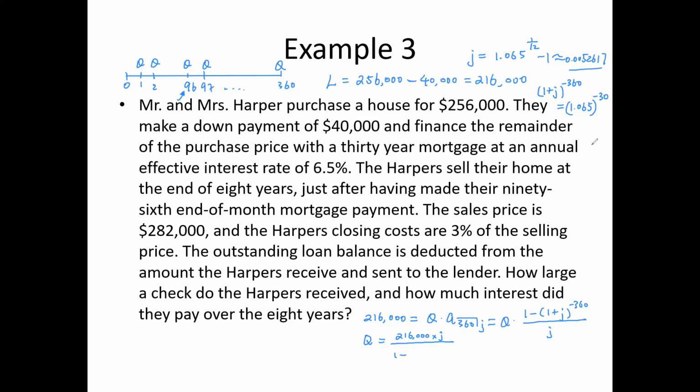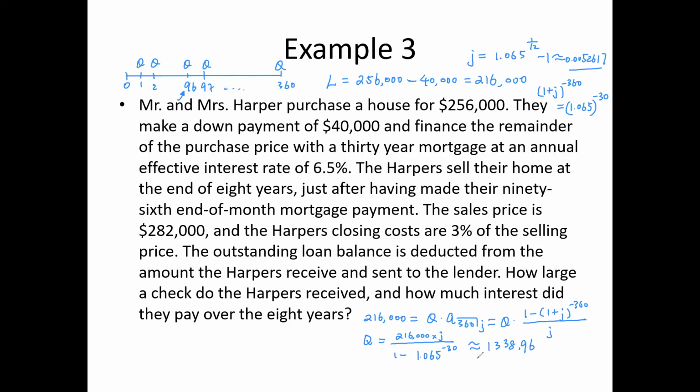So that's just 30 years. Okay, it's a 30-year loan. That's no problem. So 1 minus 1.065 to the negative 30. So it turns out Q is about 1338.957666, rounded up. I have 96 cents. Okay, so we have that.